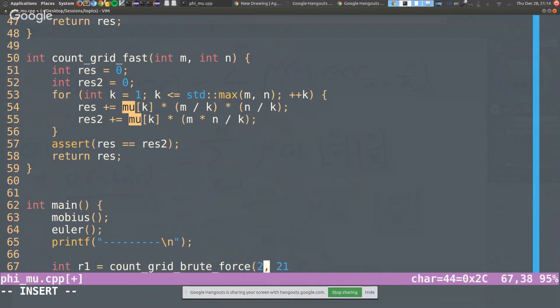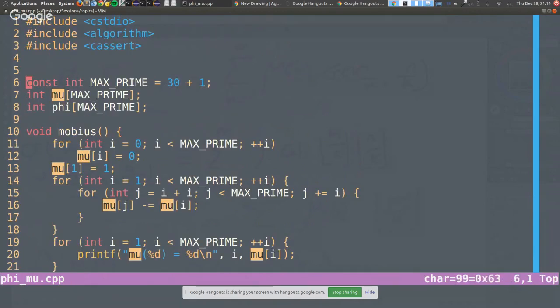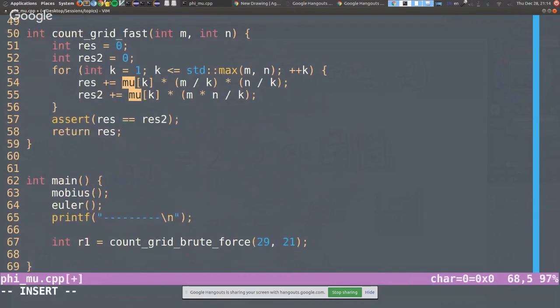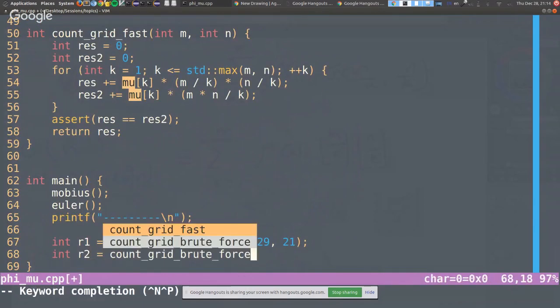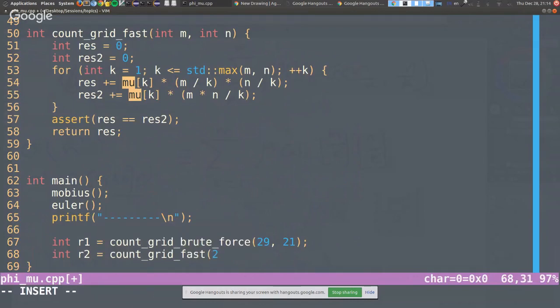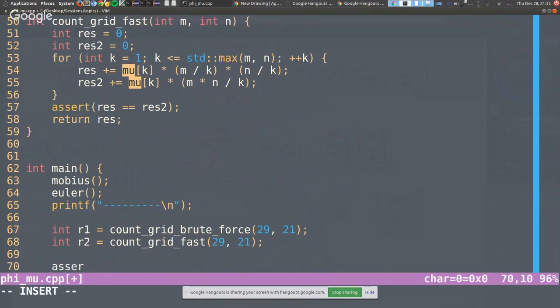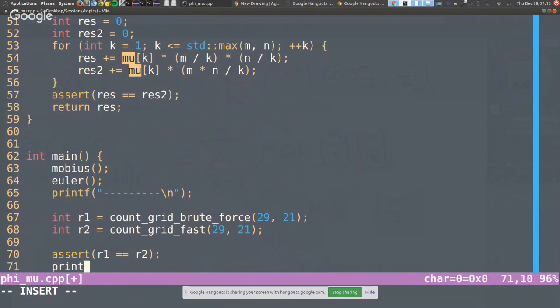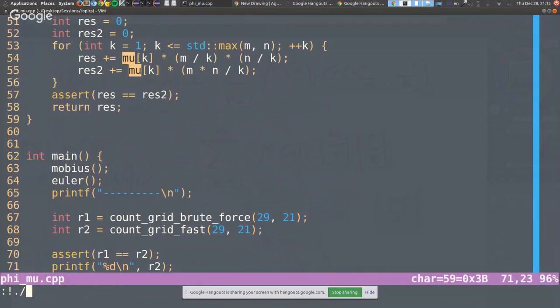Let's put the numbers to be primes. Antenna is not a prime, it's not a big deal. Here, because the mu is until 30, that's why I use these values. Here I can put an assertion that they are both the same, and we can print the first one. Set the console nicer, and then we run.